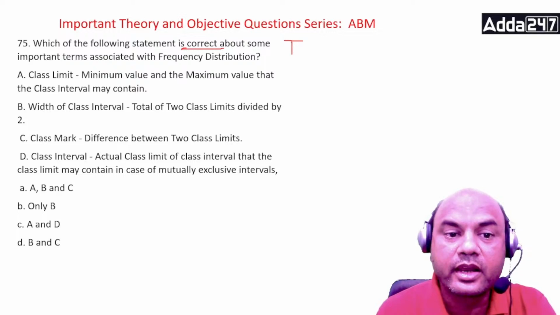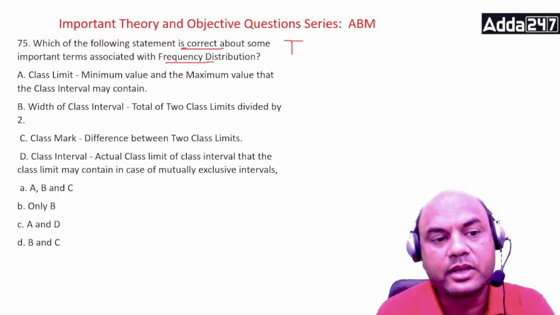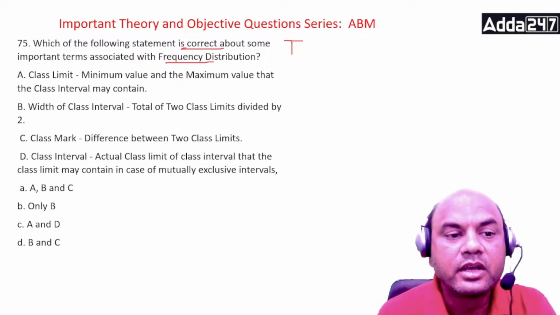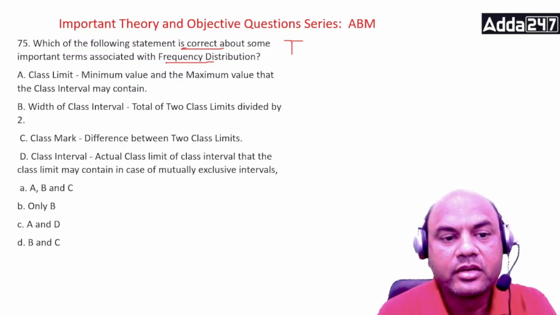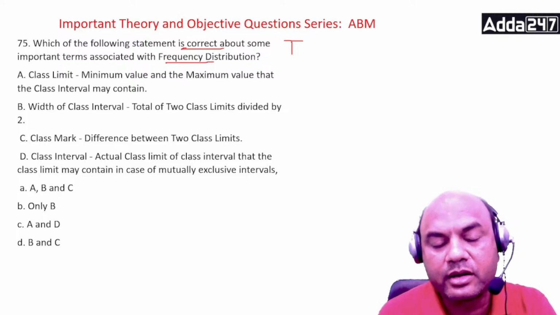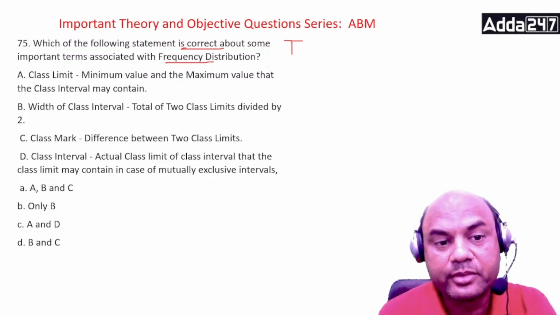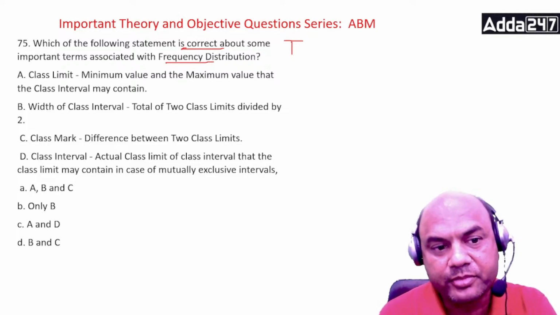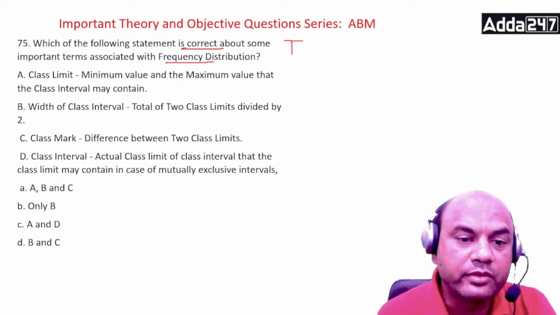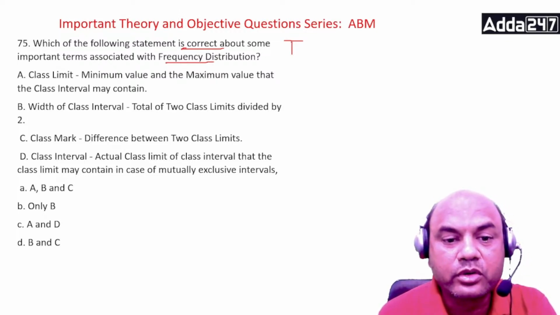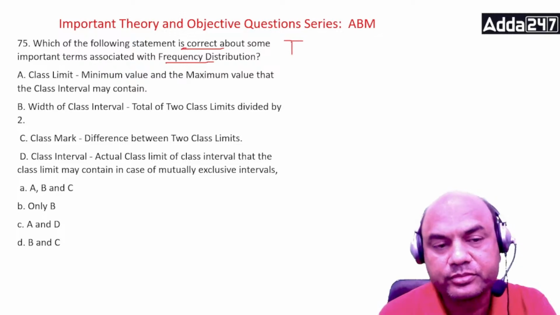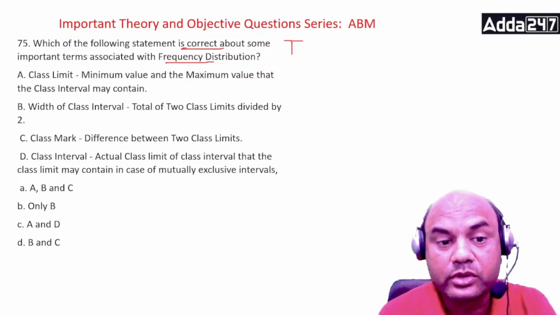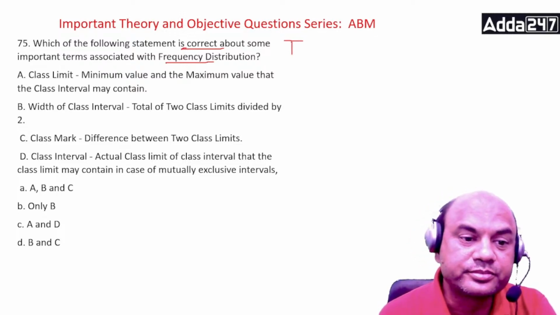Regarding frequency distribution, what are the important definitions over here? Class limit: minimum value and maximum value that a class interval may contain. Width of the class: total of the 2 class limits divided by 2.